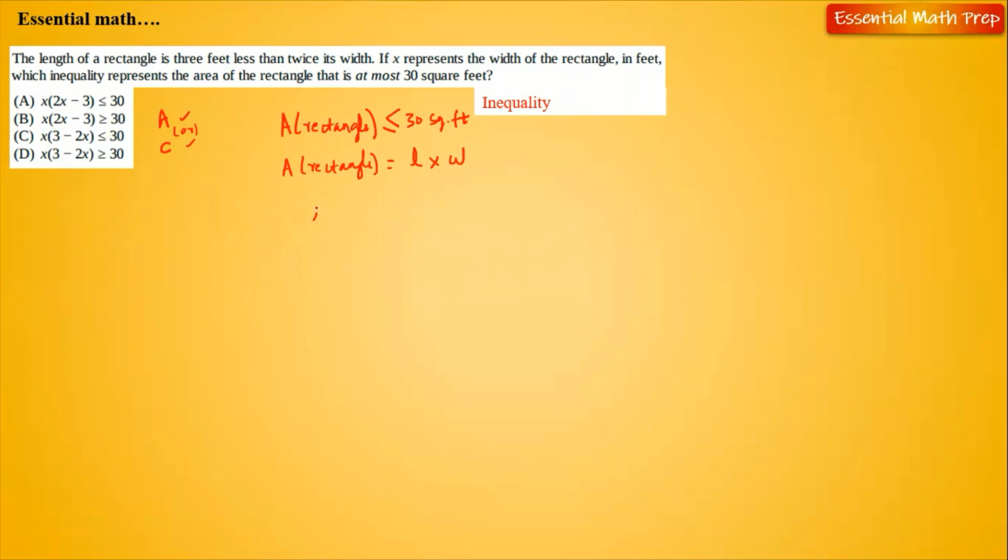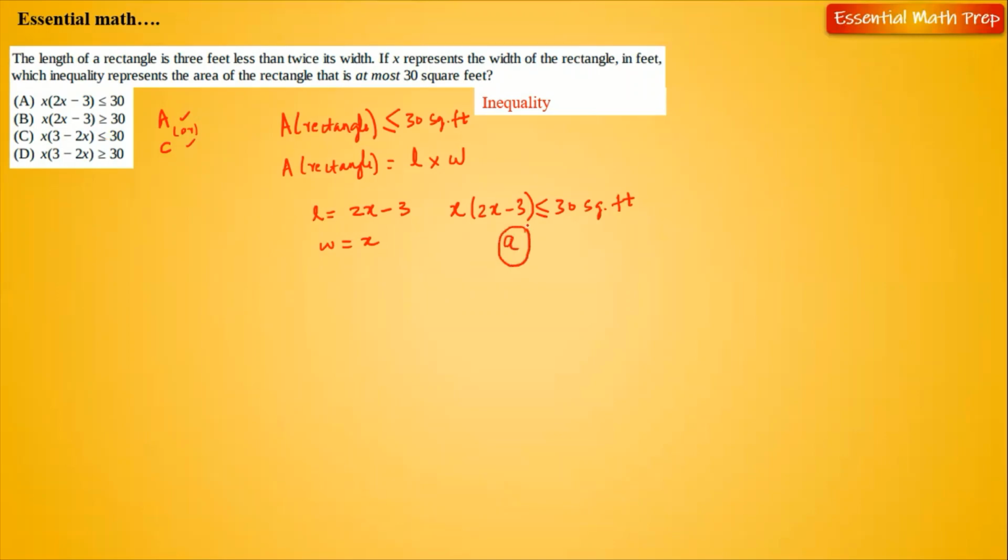So L equals 2 times X minus 3, and width is X. So L times W is X times (2X minus 3) less than or equal to 30 square feet. If you disregard the unit, then it represents X times (2X minus 3) is less than or equal to 30, which is answer choice A.